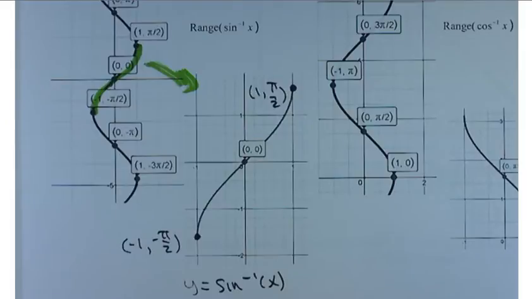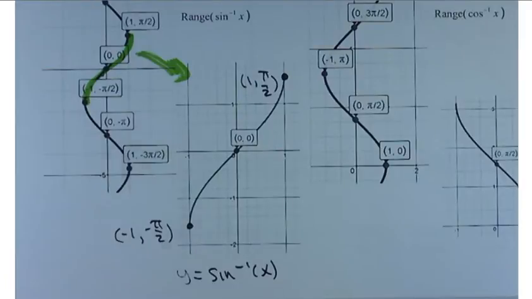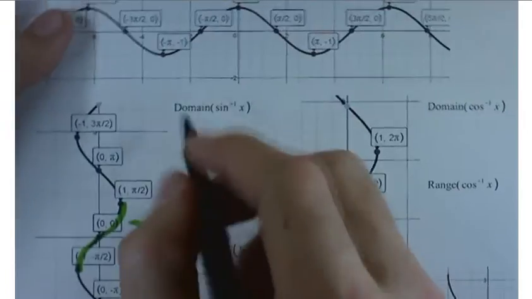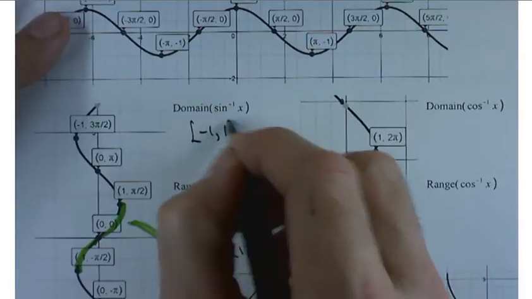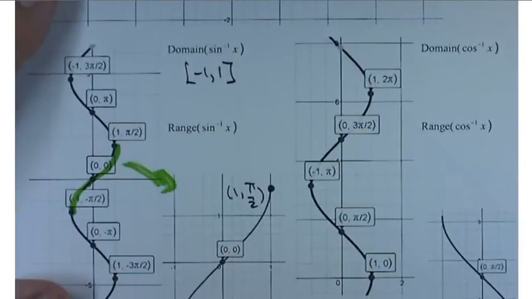The domain, remember, was your x coordinates, right? So what are the x coordinates that you associate with our inverse sine function? Good. -1 to 1. So in doing this from lowest to largest, left to right, -1 to 1.